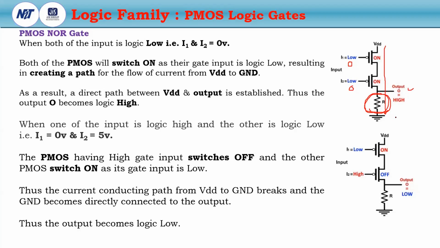Confusion may arise: if current is produced from VDD to ground, why will the output be high? Because of the high value of the resistance R and the low resistance of these two PMOS, the output will be logic high.